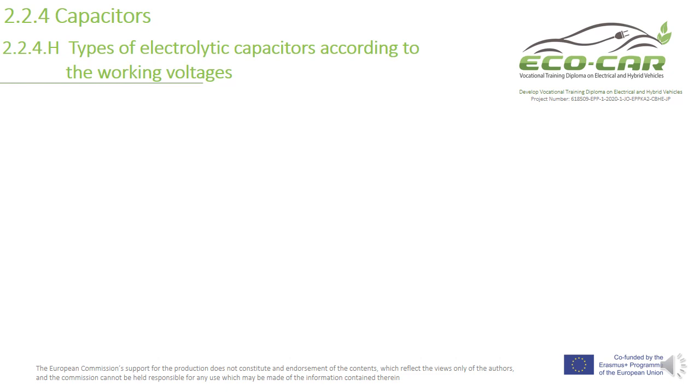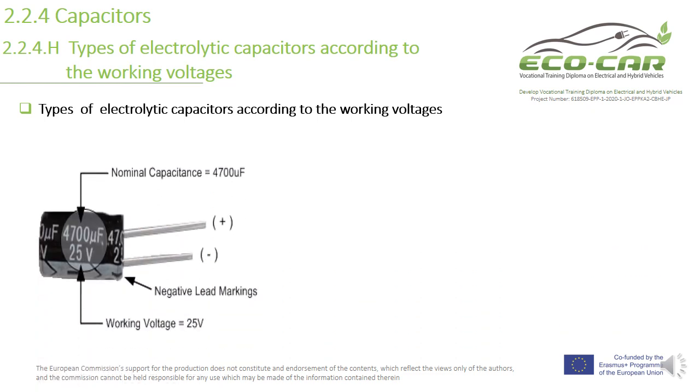According to the working voltage of the capacitors, this is an electrolytic capacitor. Here is the working voltage, about 25 volt, and here is the capacitance, 4500 microfarad. This is the positive lead and this is the negative lead of the electrolytic capacitor.